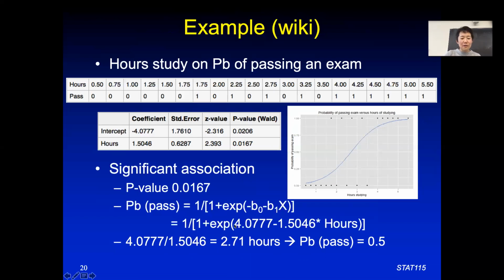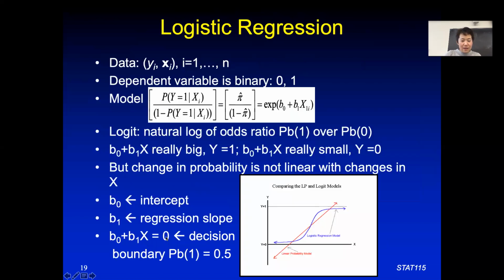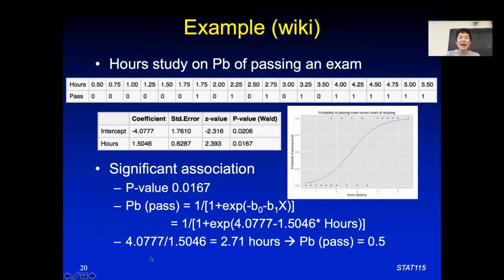So it's pretty intuitive. And the nice thing about this is that there is also a decision boundary, which is how many hours the student needs to study to have a 50-50 chance of passing the exam. Based on this function, the decision boundary is when this term is 0. The exponential of 0 is 1, and so 1 over 2 is 50-50, right?